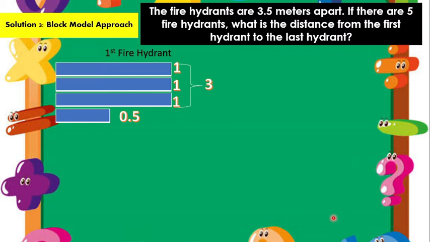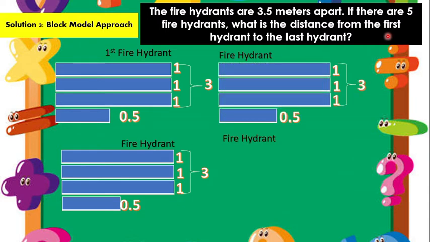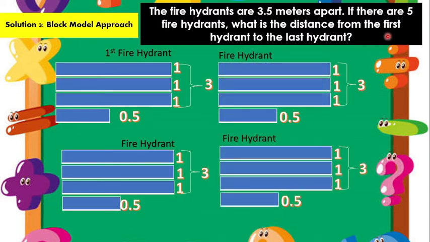So using this block model, this block represents one whole, another block represents one whole, and another block represents one whole, and half of the block represents 5/10 or 0.5. Okay, second fire hydrant represented by block model, third fire hydrant, fourth fire hydrant, and the last fire hydrant.